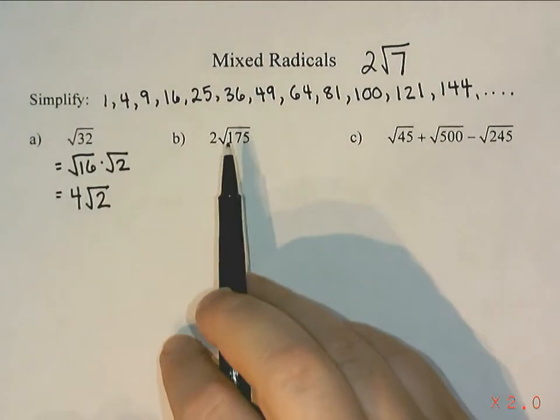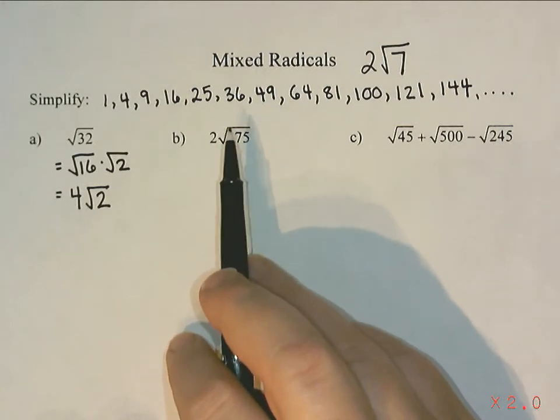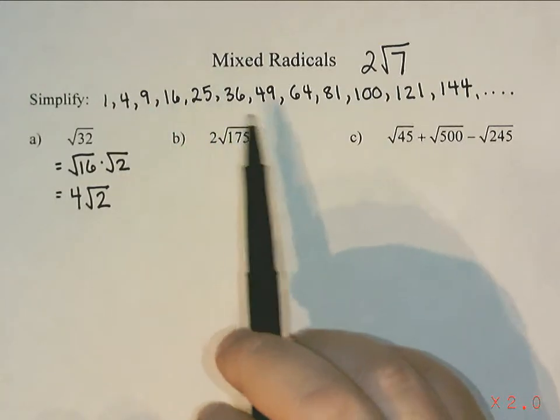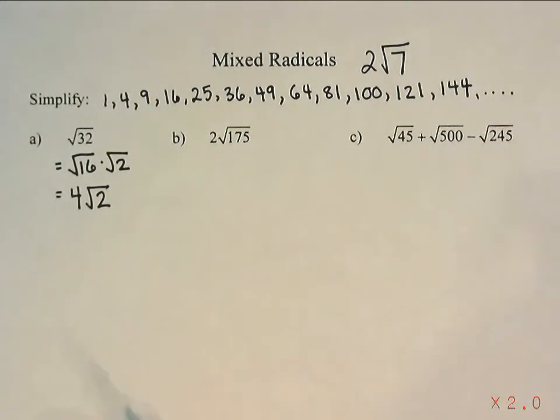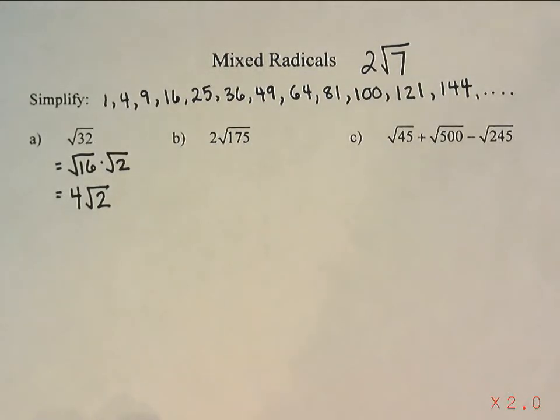So we're going to try one more. This one's actually already a mixed radical, but I want to see if there's anything I can do with that 175. So when I take a look at my list, obviously I need a number smaller than 175, but I do notice that it ends in a 5, which means it should be divisible by something with a 5.